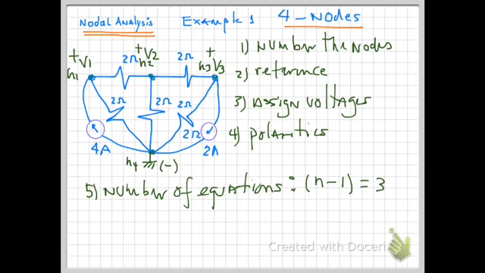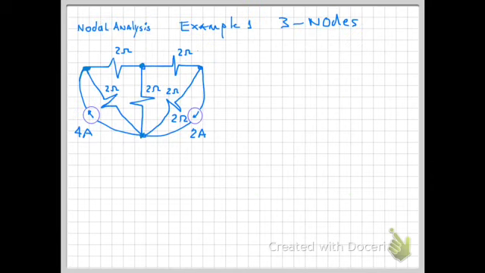That's all we need to solve this system. So let's start by finding the first equation, and we're going to find it at node number 1, where we have V sub 1, V sub 2, V sub 3, and this is the reference node right here.